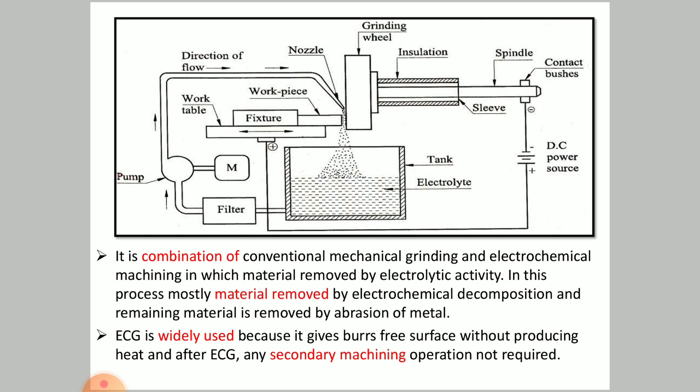Here also we are supplying the electrolyte externally, and that supply is collected in a reservoir tank right below the tool. A grinding wheel can be observed here, a nozzle through which electrolyte is being supplied, and the direction of flow of electrolyte.